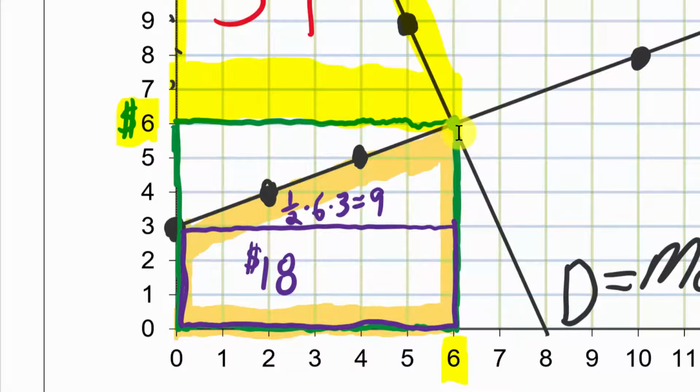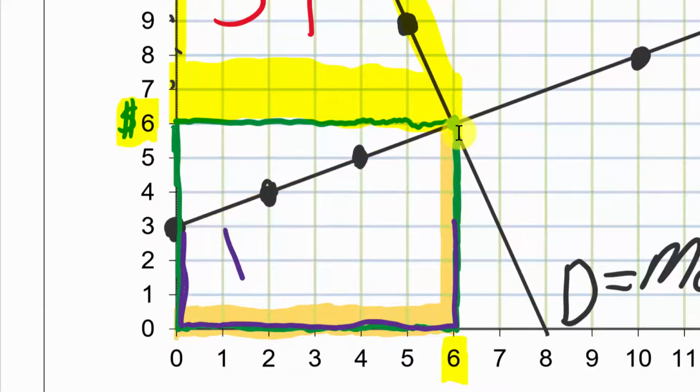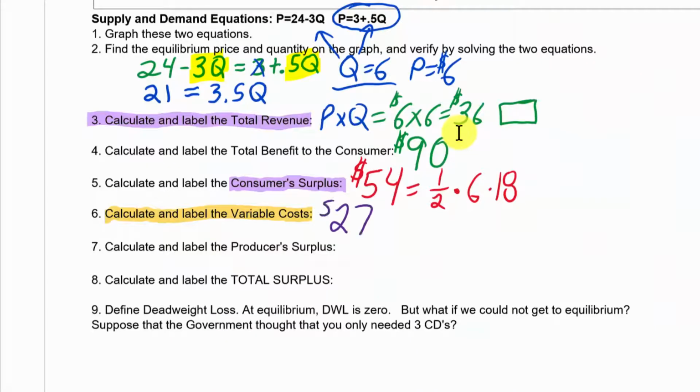So if we take this $18 in variable costs and this $9 in variable costs, that whole thing adds up to the total variable costs. Variable costs, $27.